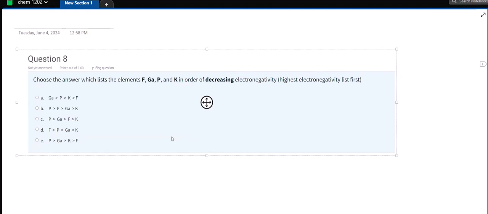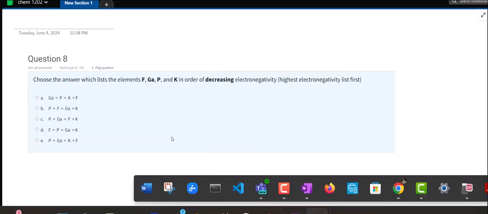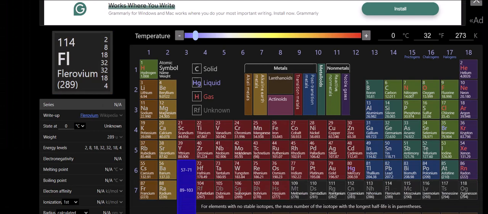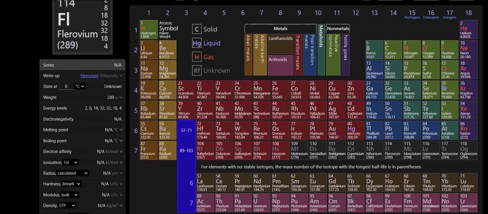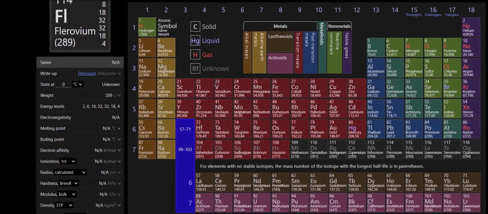This one is asking to write these elements in order of decreasing electronegativity, highest electronegativity first. So when we look at a periodic table, we know that electronegativities follow the following trend.